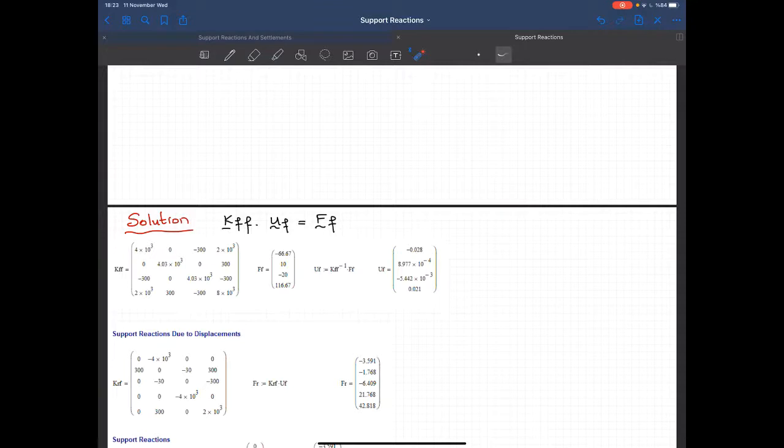So once we have the unknown displacements, we will use the second equation, which is KRF multiplied by UF should give me the support reactions, FR. But remember that this is the support reactions for only the deformation case.